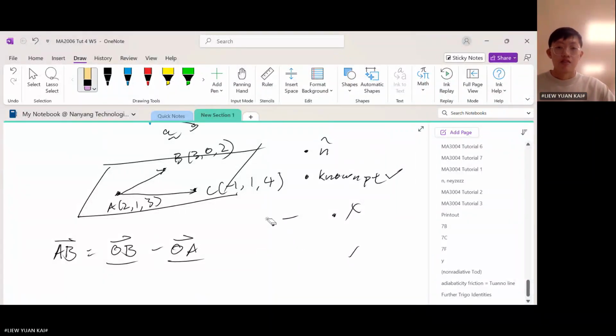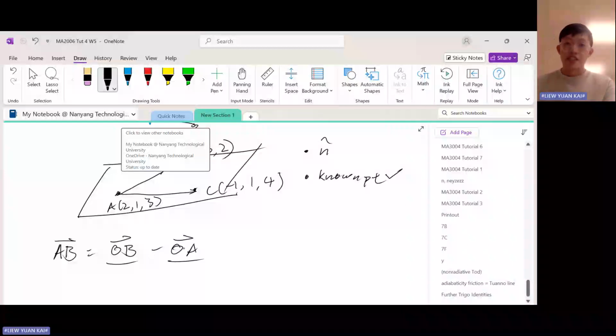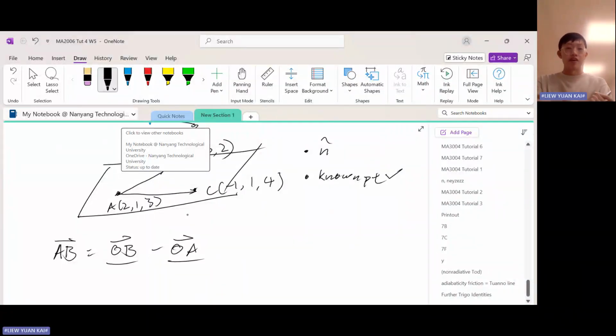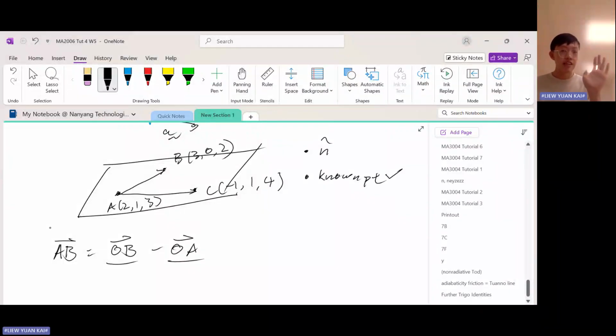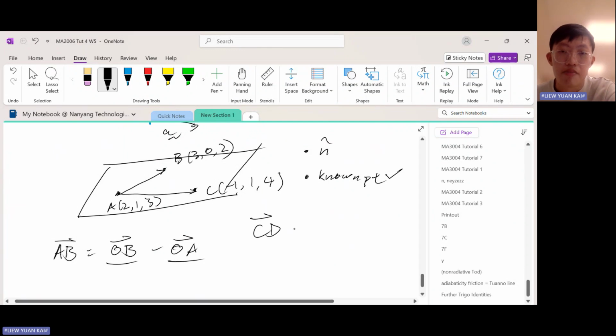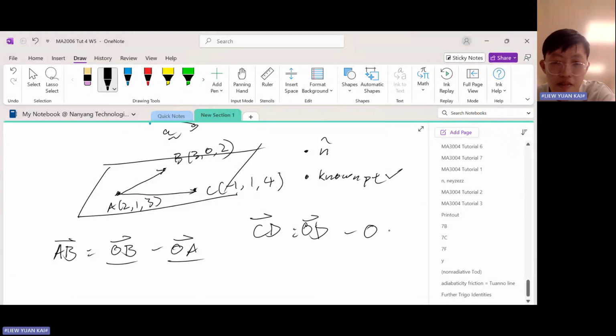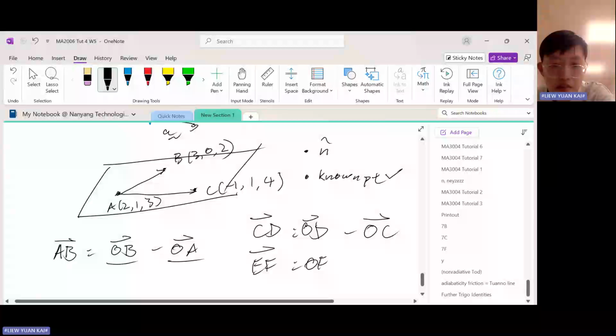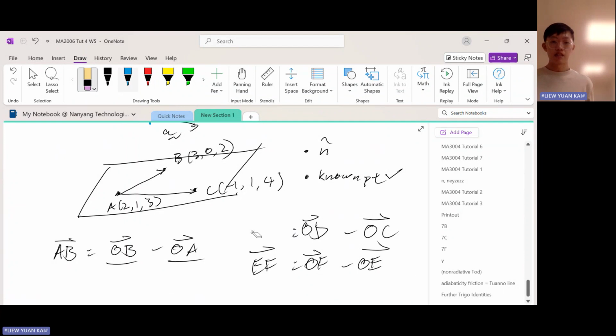So if I want you to write AB in terms of its position vectors, it'll be OB minus OA. It's not OA minus OB. It's OB minus OA. This comes from the triangle law of vector addition, but never mind that. You just simply remember AB is given by OB minus OA. It's the second letter minus the first letter. So if I give you vector CD, writing it in terms of position vectors would be OD minus OC. If I give you EF, it'll be OF minus OE. This is what you call writing it in terms of its position vectors.